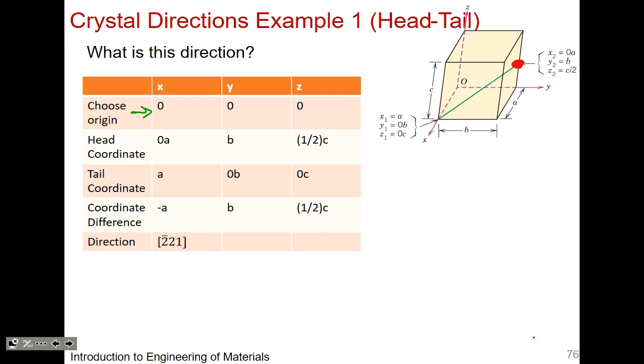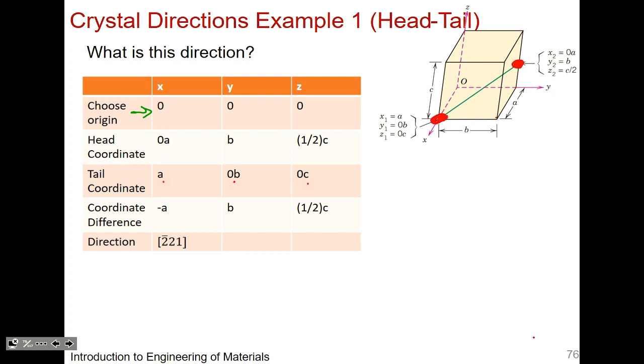So that's how we get to the head. Where is the tail? The tail, you've gone 1 in this direction, 0 in Y, and 0 in Z. So that's how we get A, 0B, 0C. Okay. So that's your tail right there.